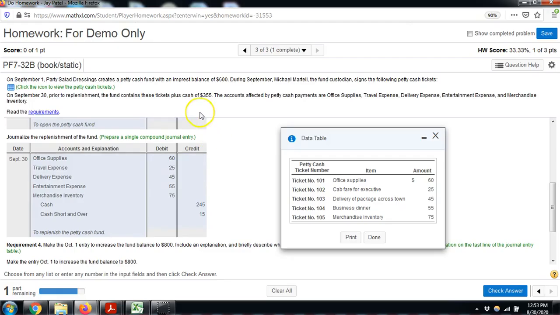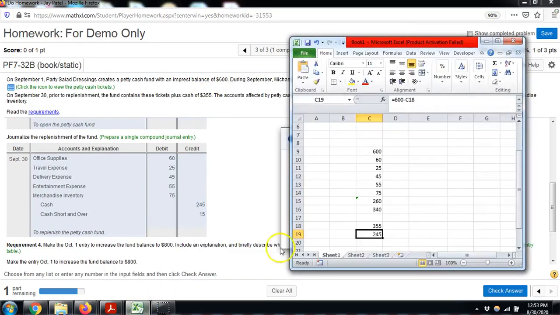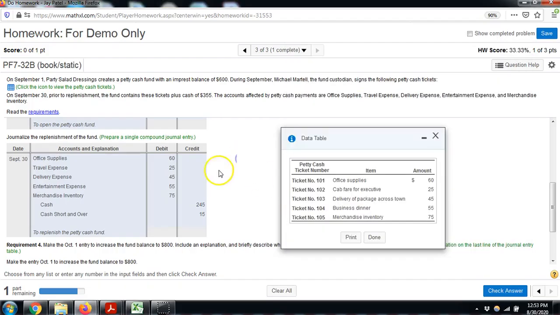Just a note, if instead of $355 we had $330, for example, we would have had to plug the hole on the other side. We would have had to debit an extra amount. So cash short and over can be a credit or a debit depending on whether you had too much or too little cash. In this case, we had more cash than we expected, so it was a credit. If we had less cash than we expected, then cash short and over would have been a debit.